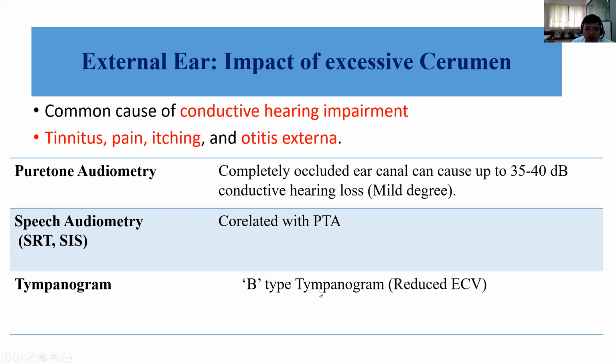And in the tympanogram, if you remember, I was talking about the ear canal volume. I was talking about the compliance. So there won't be any compliance in the B type tympanogram. It's a flat curve across pressure. But ear canal volume will be reduced. The reason for the reduction of the ear canal volume is because some areas in the external auditory canal are covered or taken up because of the impacted wax.